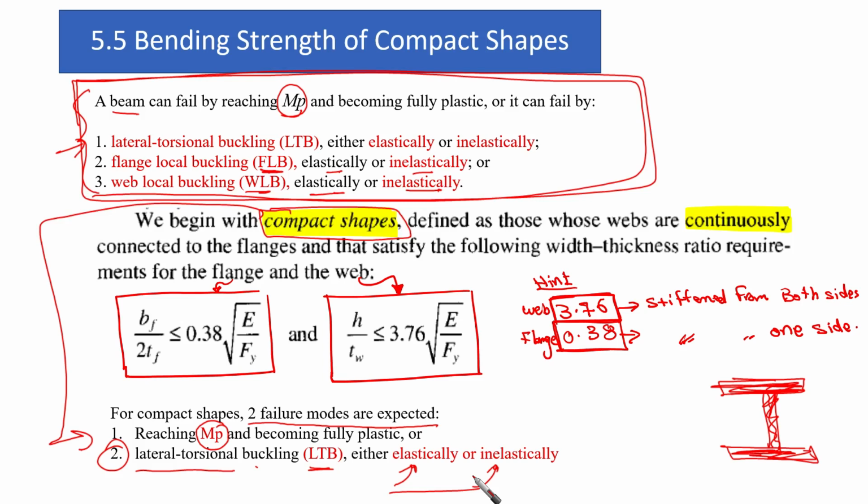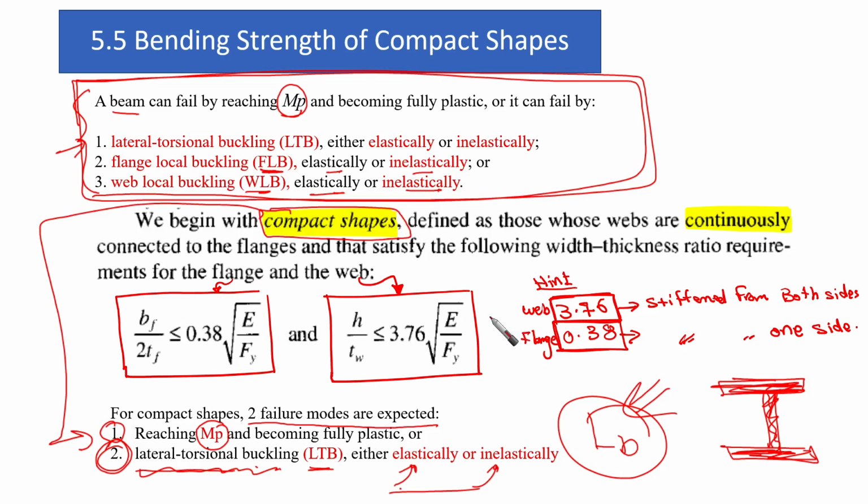So these are two different failure modes that might occur. What is the main factor controlling this? In the next slides I'm going to talk about L-braced and how we can check whether the failure mode of the beam is going to be reaching Mp or lateral torsional buckling, whether elastically or inelastically.